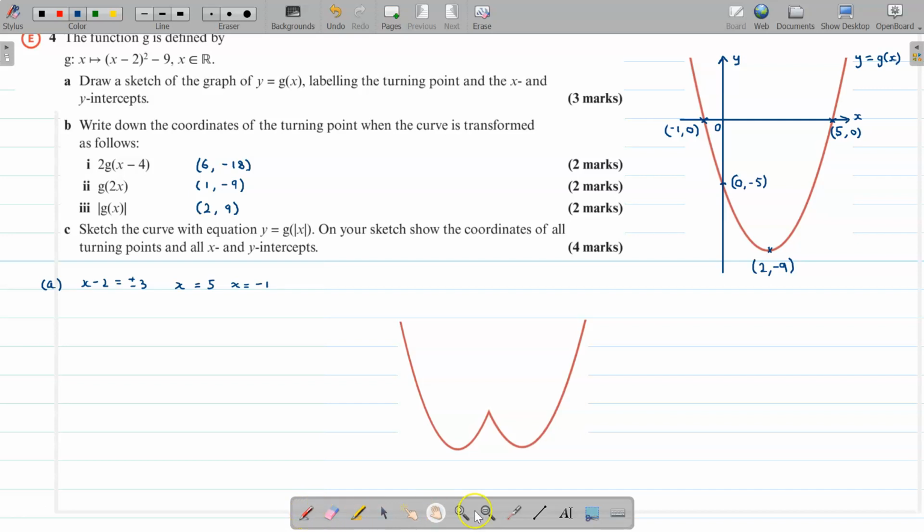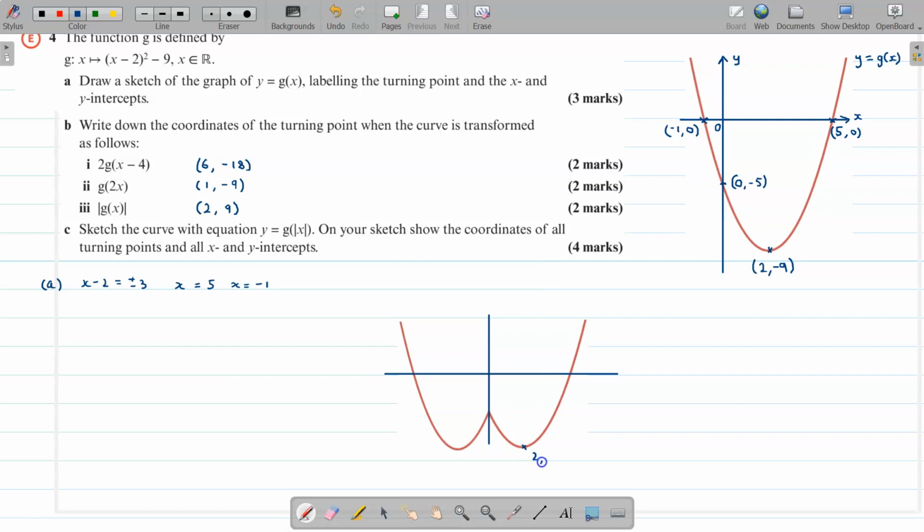I'm just going to put the axes in now, and obviously the y-axis is going to go up through here like this, and the x-axis will come through roughly like this. We already know that this point here is the point 2, negative 9.